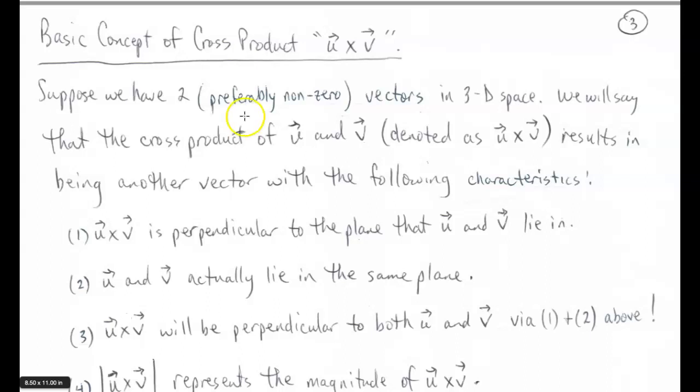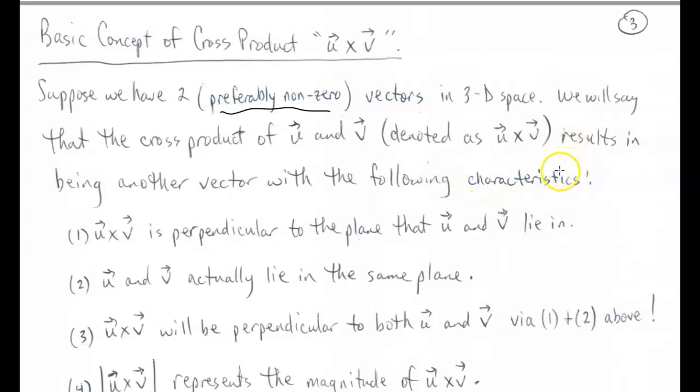All right, so the basic concepts of doing what we call u cross v. Suppose that we have 2, preferably non-zero, vectors in 3D space. The reason I say that is because if both vectors are 0, then there's not much happening. Everything ends up just being the 0 vector.